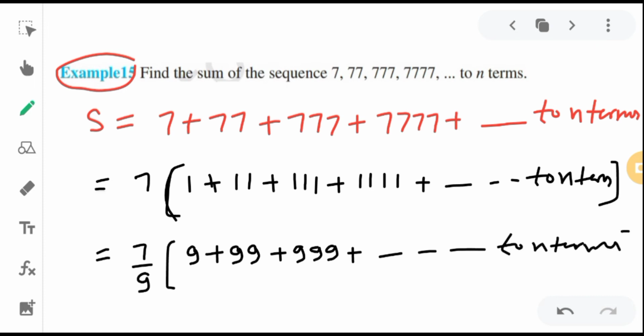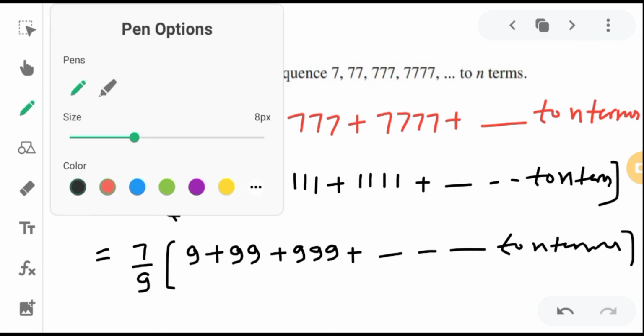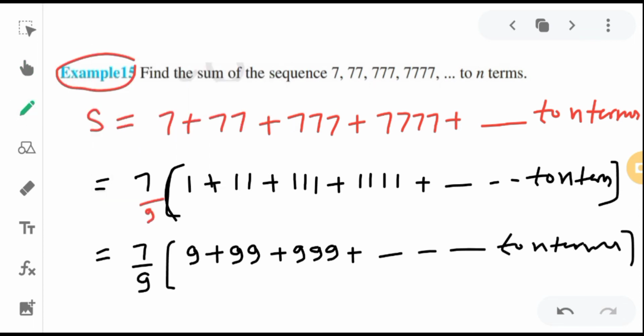So what I did is, I divided by 9 and I multiplied by 9. Multiplied by 9 means every term gets multiplied by 9. 9 into 1 is 9, 9 into 11 is 99, 9 into 111 is 999.